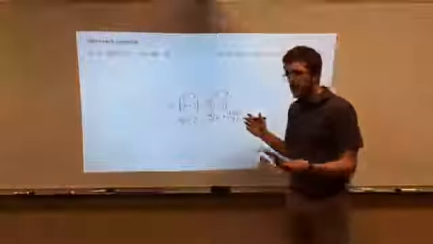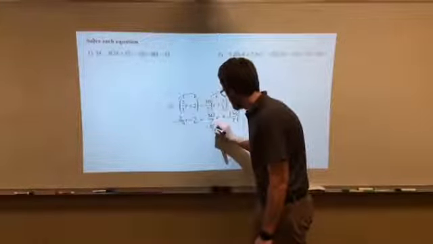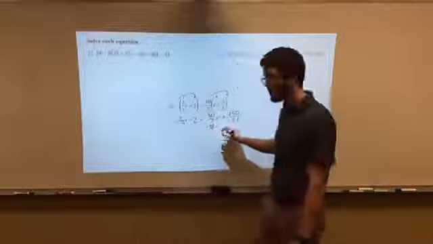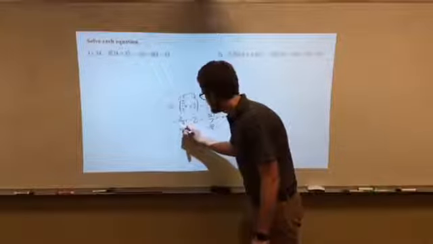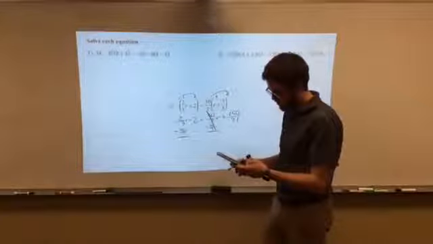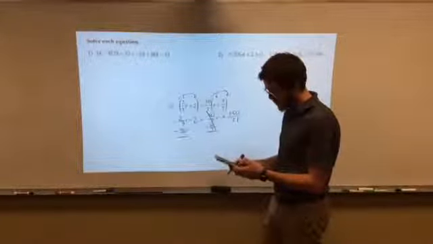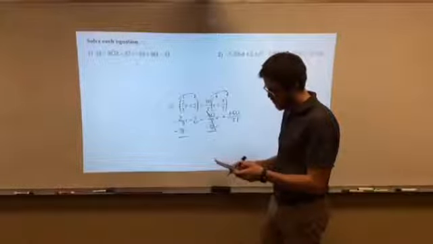If we get all the terms with r on the same side, I'm going to subtract 30 over 7r from both sides. When we do that, we've got our negative 2/3, and we are subtracting 30 over 7.